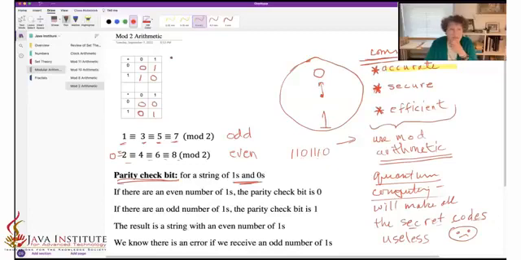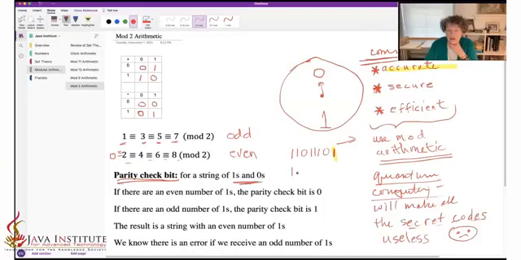What you're going to do is put a digit at the end, and you're going to make it so the total number of ones is even. So 1, 1, 1, 2, 3, 4, 5. So I've got to put a 1. Now I have 1, 2, 3, 4, 5, 6.